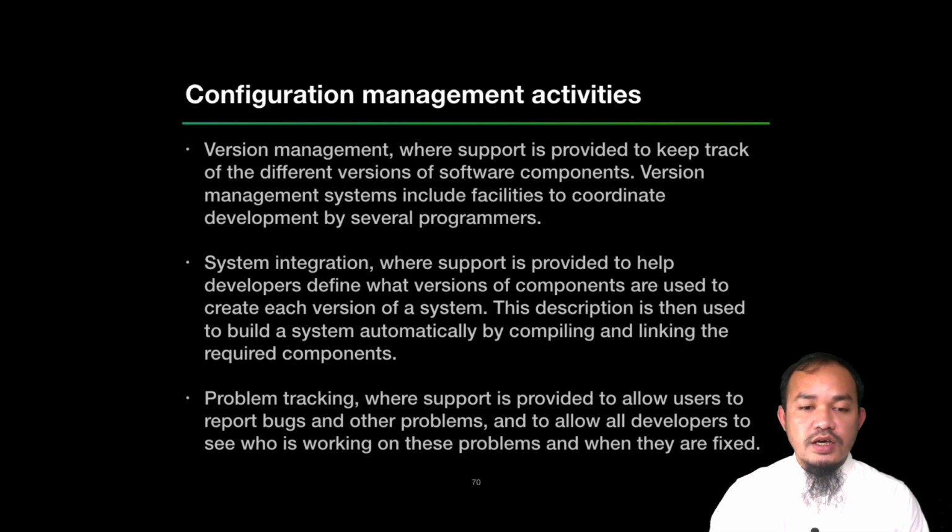Problem tracking is also something we can use configuration management for. For example, you work on something and then you face a problem, and then you try to ask for help or provide a solution to that problem. You can say this is problem tracking. In real life, we use GitHub issues, for example, for problem tracking.